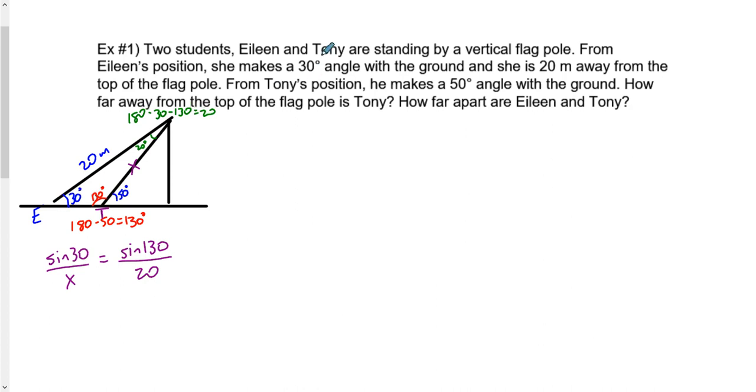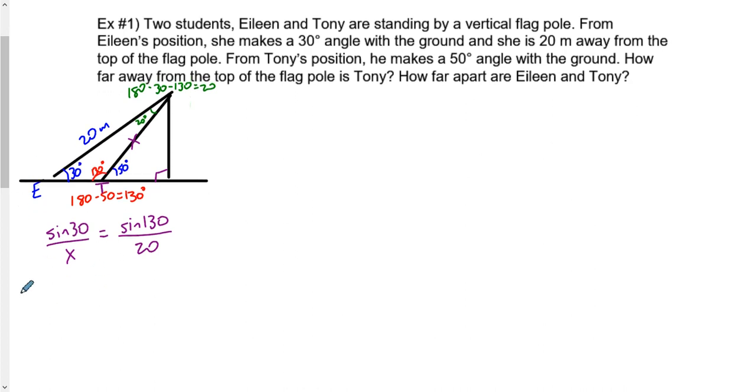Now, of course, there's probably more than one way of calculating. For example, it does say it's a vertical flagpole, which means that this entire angle here would have to be 60 because this would make it 90. We could do a whole bunch of calculations there, find out this one, do some more manipulation, calculations. It's possible. This one is just going to be the fastest. So I do our cross multiplication.